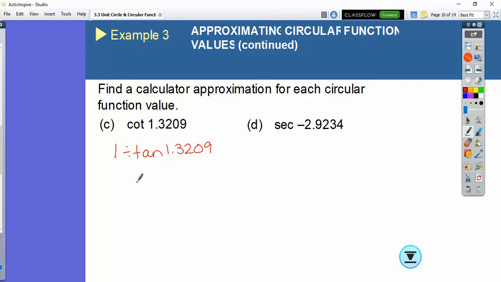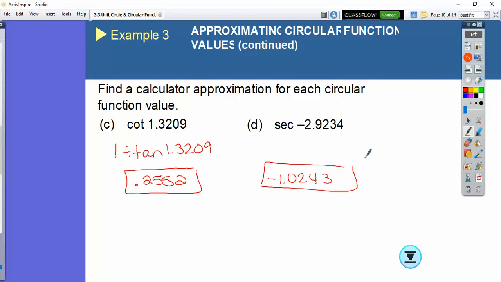And we get 0.2552. How do you type in secant? 1 divided by cosine. You guys getting all those?